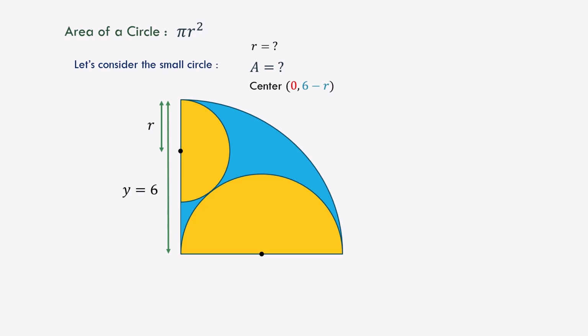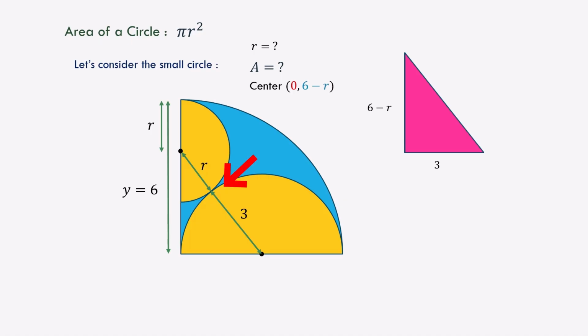This is exactly the moment where the diagram gives us a really nice clue. If we draw radii from the centers of both semicircles to their point of tangency, a right triangle is formed. Take a closer look at this triangle. Its base is 3. Its height is 6 minus r. And what about the hypotenuse? The distance between the two centers, which is just the sum of the two radii, 3 plus r.